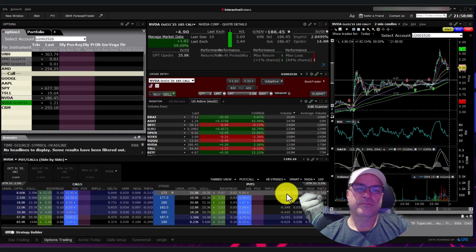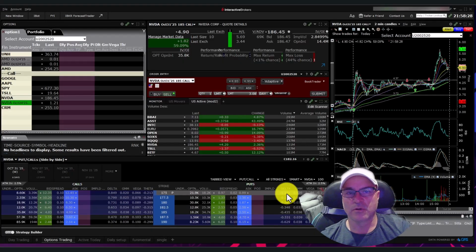So I would say stick to a bigger cap, higher market cap, and benefit from those stocks. A lot of people don't know that you could still trade bigger market caps such as Apple, Tesla, Netflix, Nvidia, Amazon, Google.